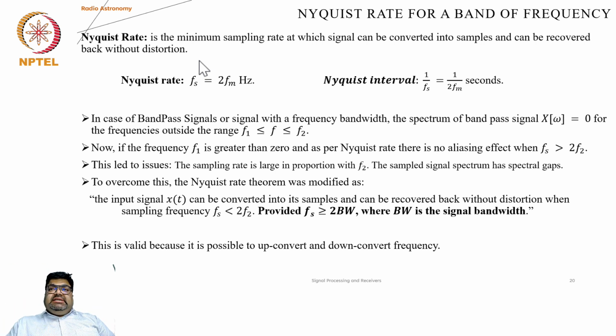It's a continuous signal. We want to discretize it, and the discretization has to be done following a rate by which we can recover the entire signal and not lose any information. That's the idea.